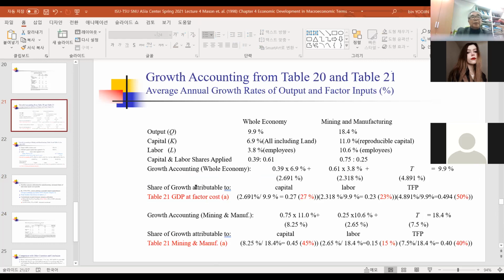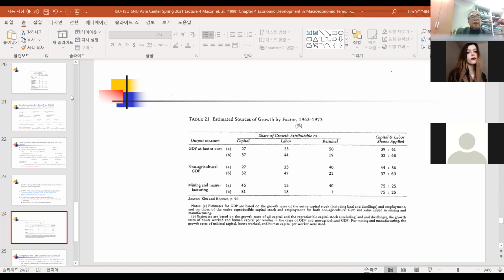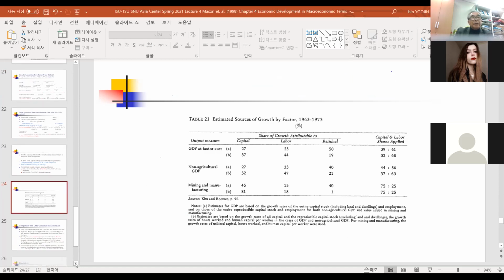So probably I could have located this table ahead of my growth accounting exercise, okay? So Eugene, switch around, all right? In other words, make this Table 20, 21 come ahead of this growth accounting, okay? Location-wise. Okay, great.